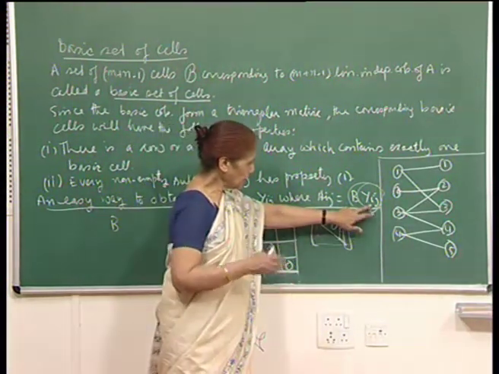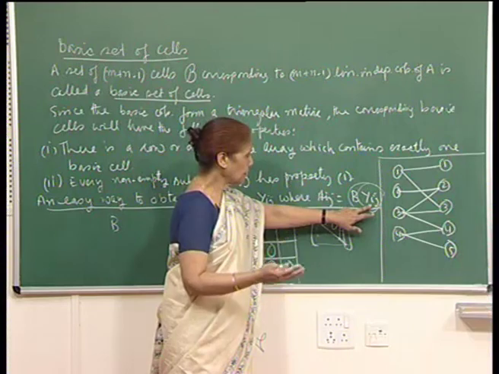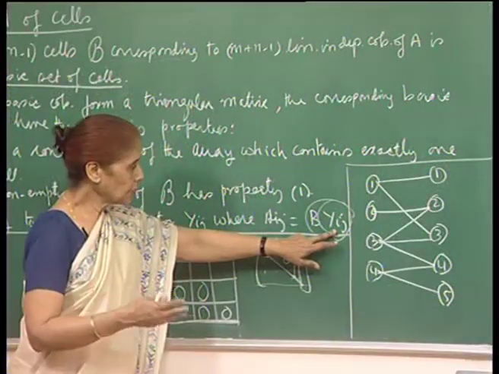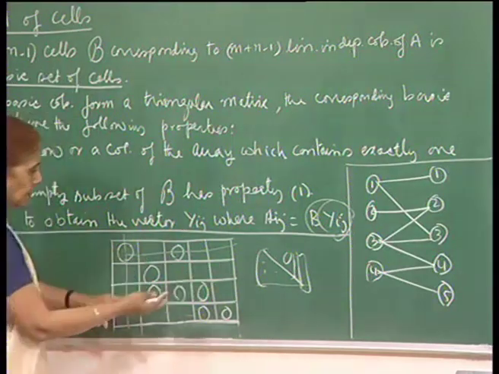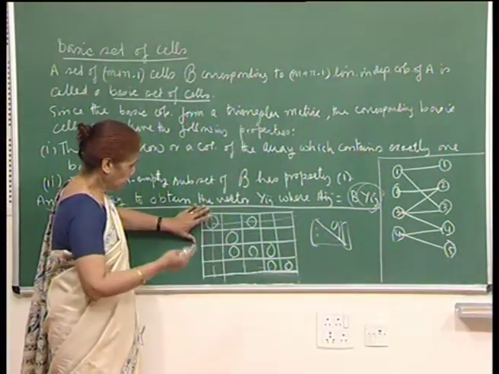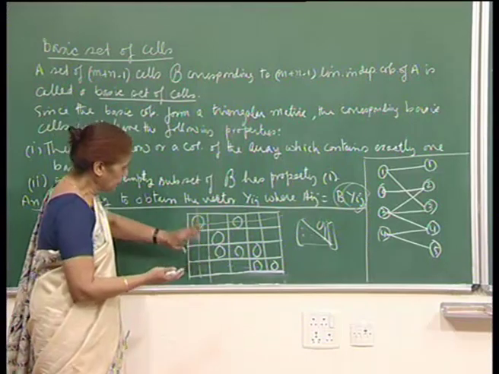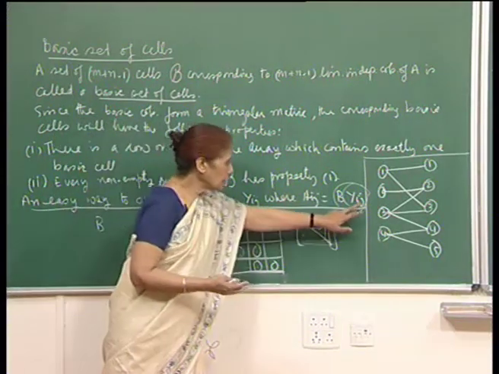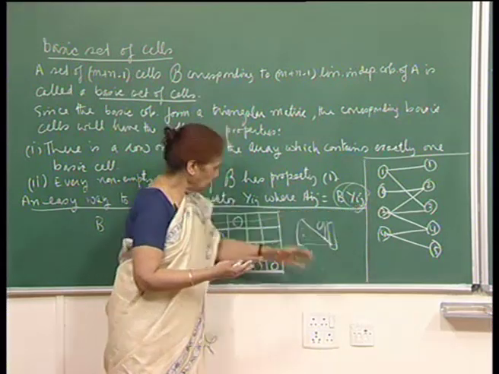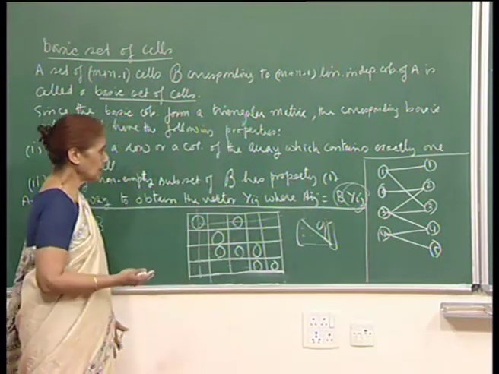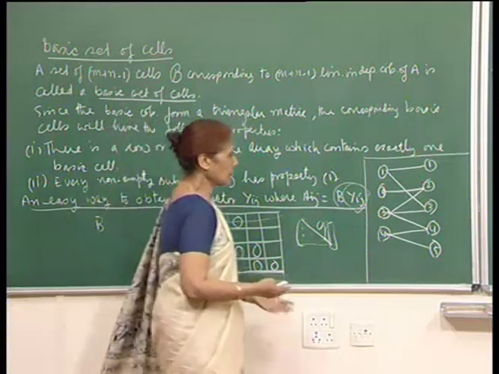I need to know which are the +1s so that I can continue with the simplex algorithm. Having the transportation array right here, I can compute the necessary components of Yij and continue with the simplex algorithm. This is the whole idea.